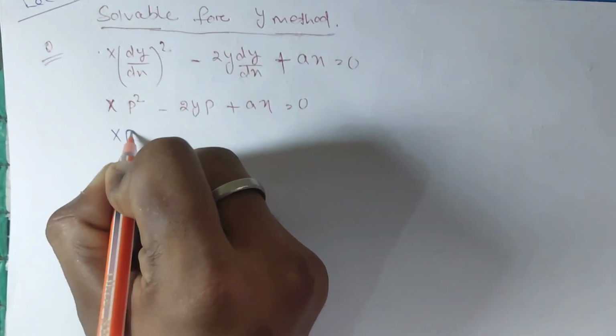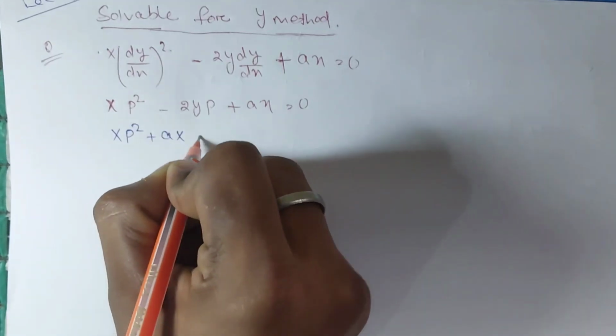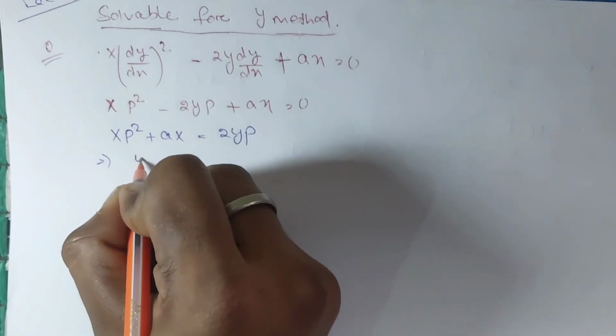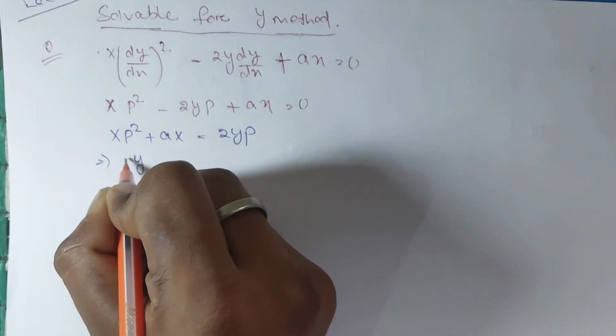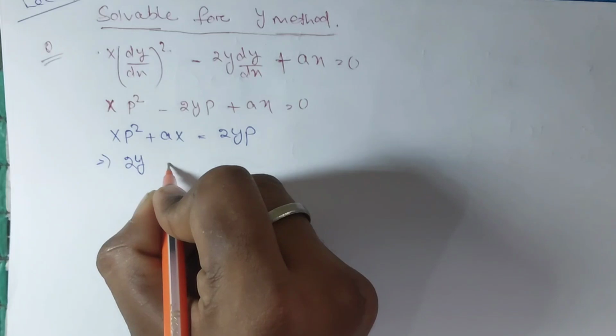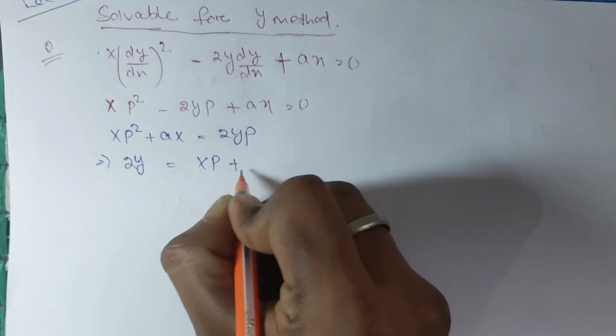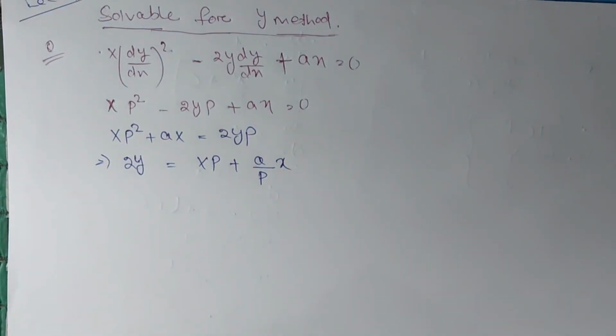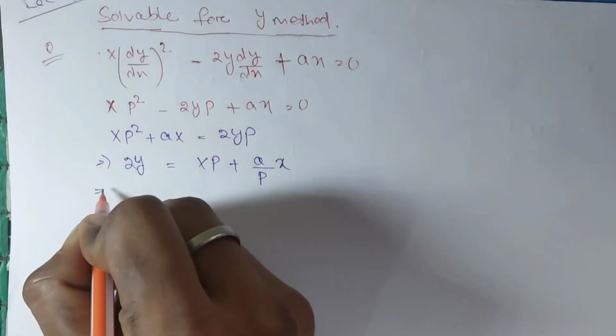So we write it as x p square plus x equals 2yp, and then 2y equals x p plus x by p.